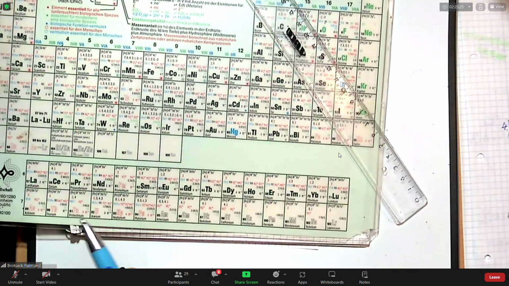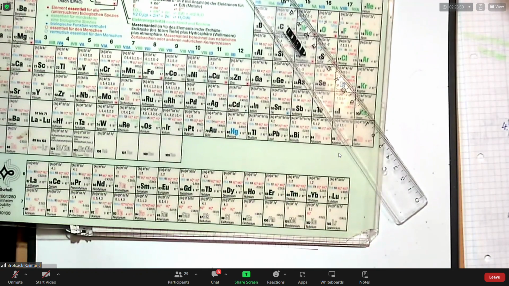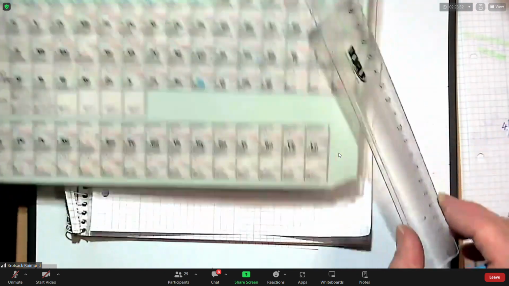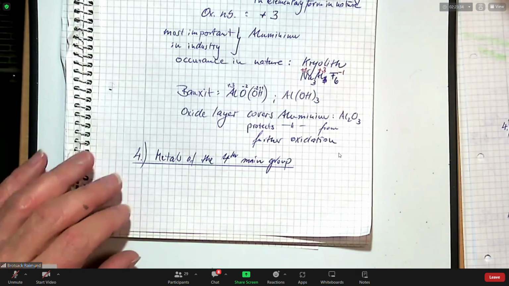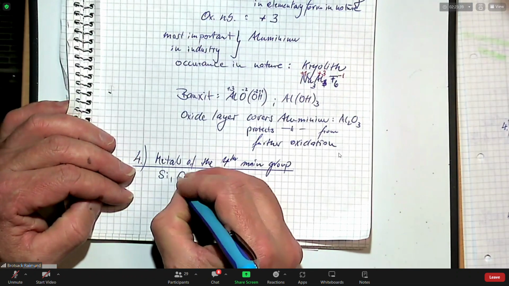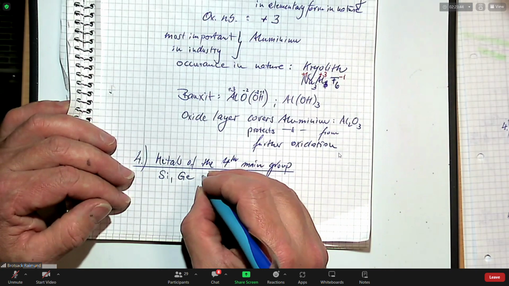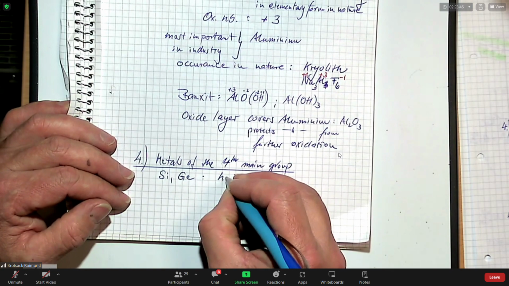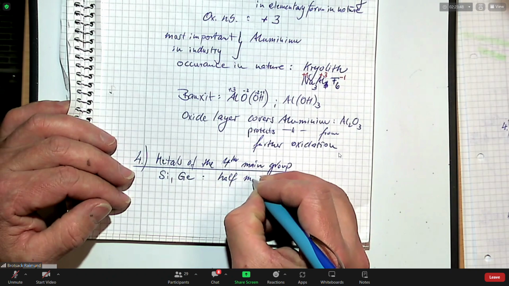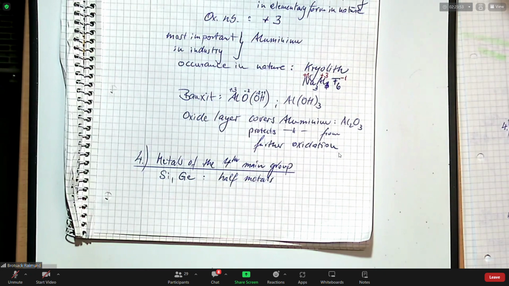Lead and tin. Lead, you know, it is a heavy metal, one of the heaviest metals. So here we have to distinguish between half metals. So silicon and germanium, maybe in the half metal industry, you already heard about them, they are half metals. Silicon is used for production of wafers for chips in computers.